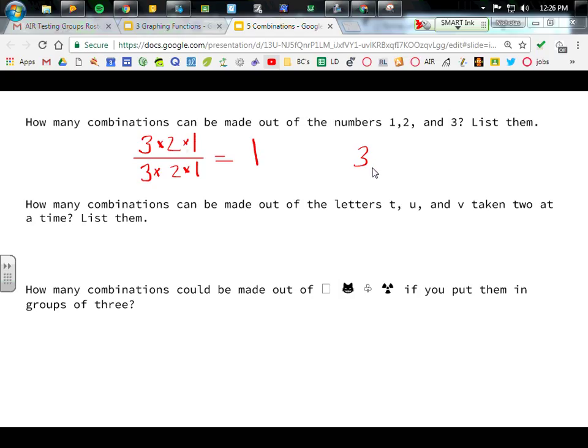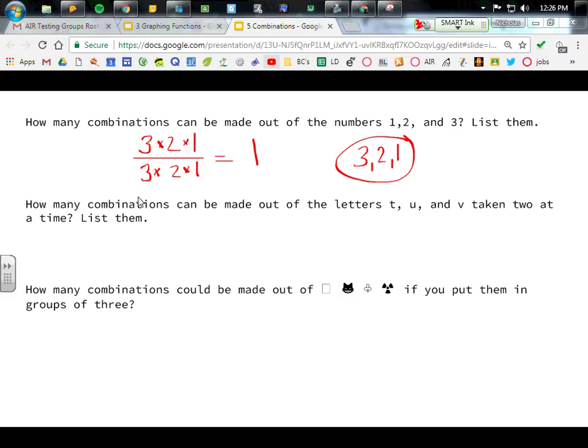So honestly, we could say 3, 2, 1. We can make our list. This is our combination. 3, 2, and 1, or 1, 2, and 3, or 2, 1, and 3. It doesn't matter what order, it's all the same combination. There's only one combination because we are including every single option, every choice, every item.